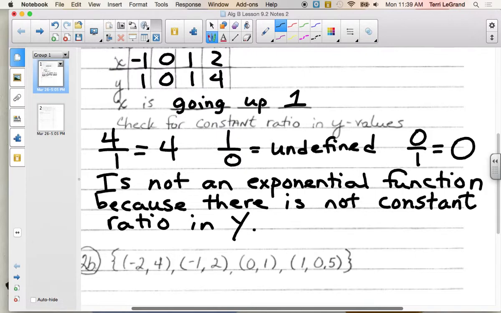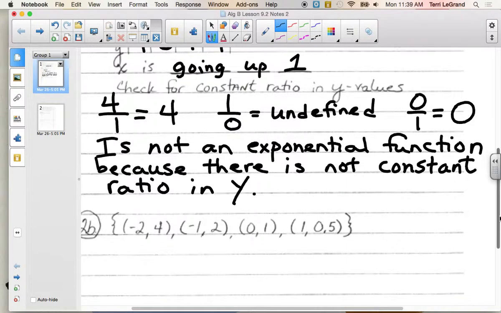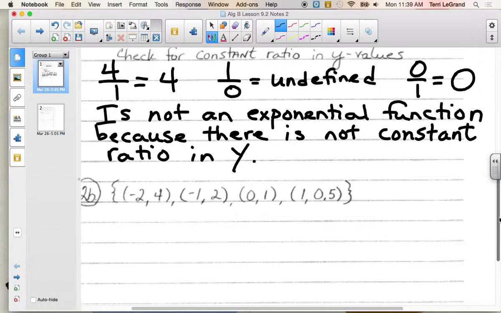There's the justification. We did determine that the x's are going up by 1, but then we couldn't find that constant ratio in y.